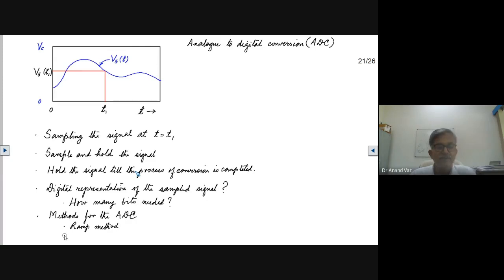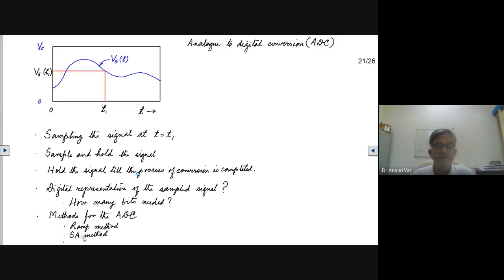The second method, which is very popular, which is low cost and has many benefits, and takes lesser time than the ramp method, is the successive approximation method. We will discuss this in quite some detail, maybe in today's class or in the next.